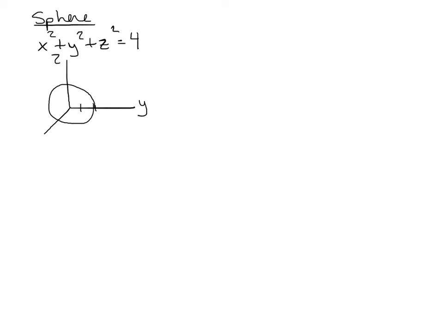So let's say that x squared plus y squared plus z squared is equal to 4. So this is a sphere, x squared, y squared, and z squared, all positive. The radius is 2, so I'm going to draw a circle in the YZ plane.